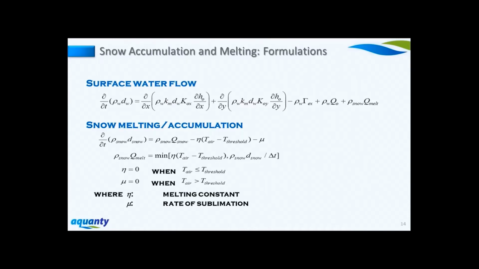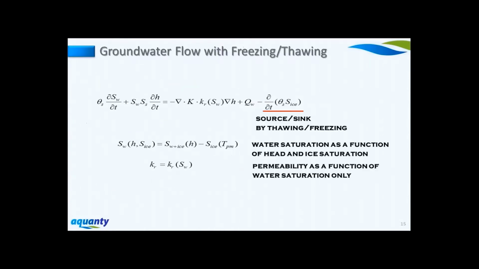The snow accumulation melting term is represented by a first order ordinary differential equation, d by dt of rho snow d snow, that's the mass of snow, and then we have both a melting and an accumulation term, including sublimation. So I won't say anything further about this equation. It's fairly standard. Of course, in the winters, the soil may freeze and may thaw in the spring.